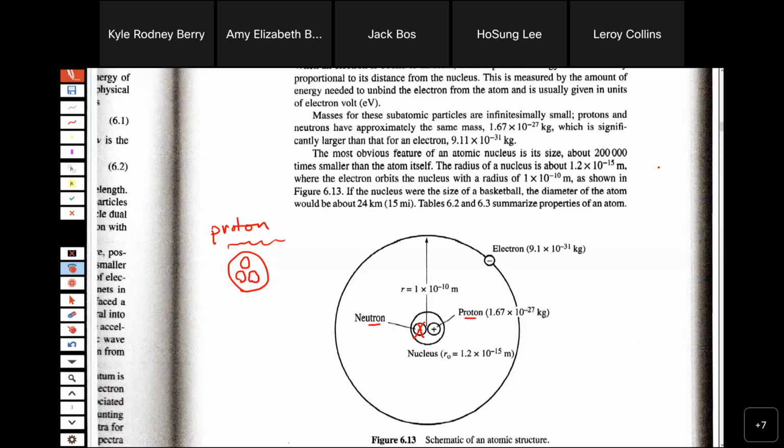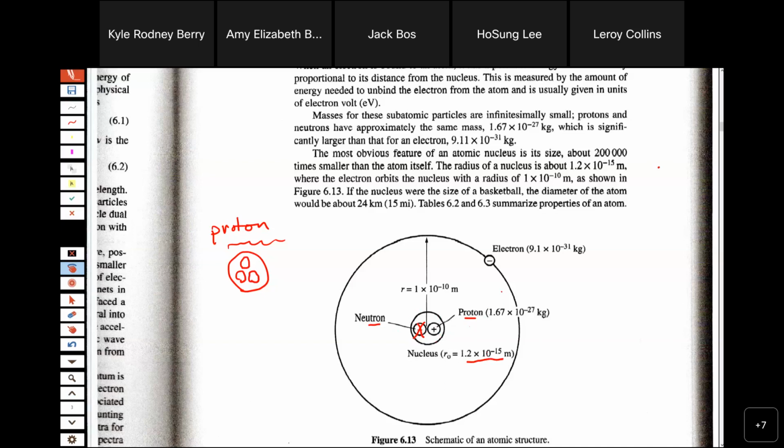When we look at the structure, it's very interesting. The nucleus of a hydrogen atom has a radius that is so small, 10 to the minus 15.